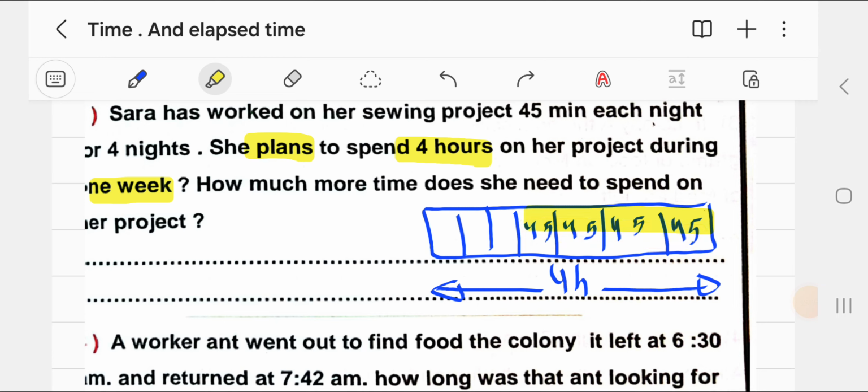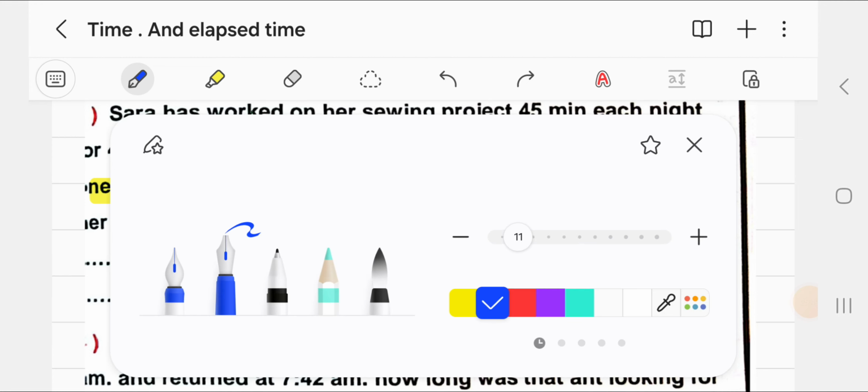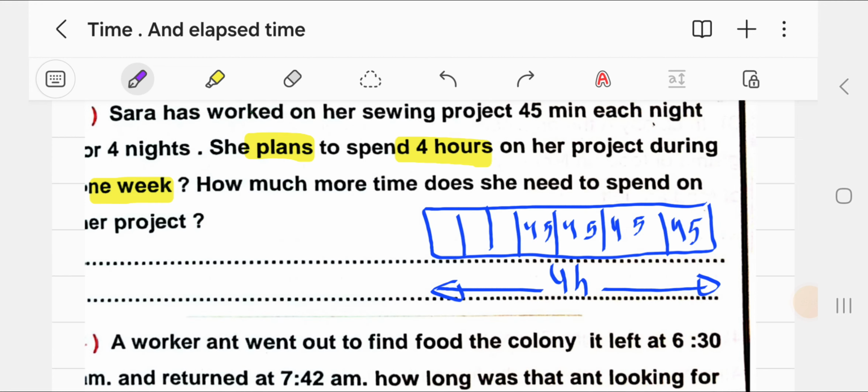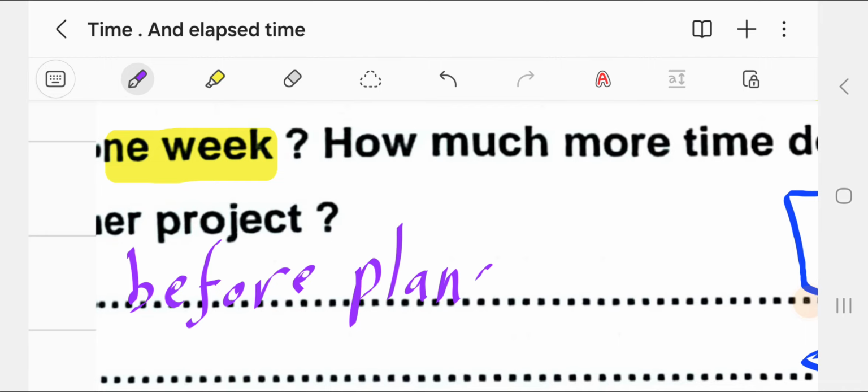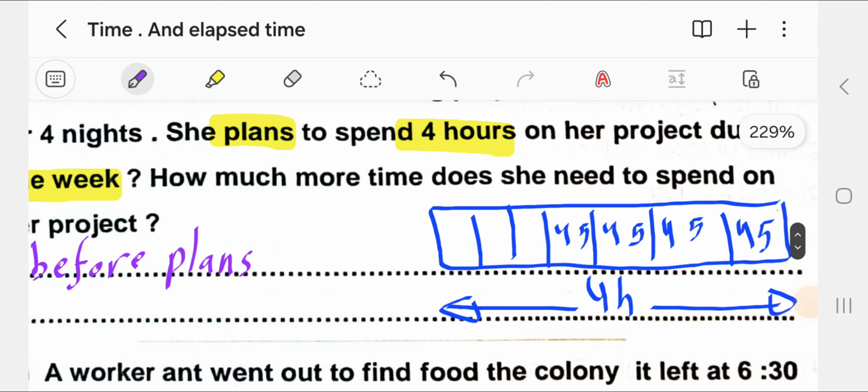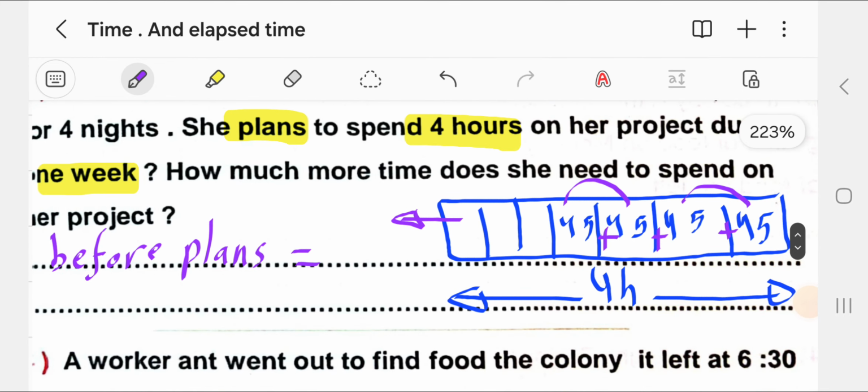So let's solve the question in two parts. The first part: before plan. Before her plan, how much was she going to work? She works all of this: 45 plus 45 plus 45 plus 45 become 90, 45 plus 45 is 90, 90 with 90, make it addition, 9 with 9 is 18 and put 0. So I added all of this, this is before plan.